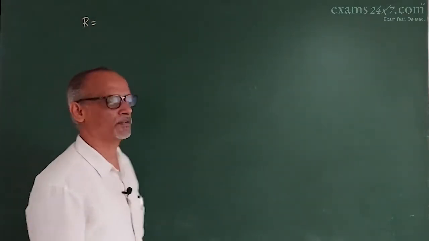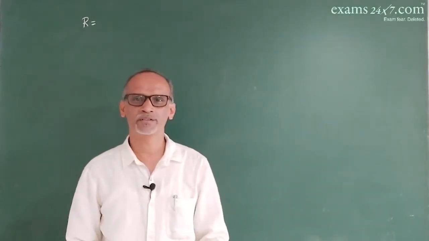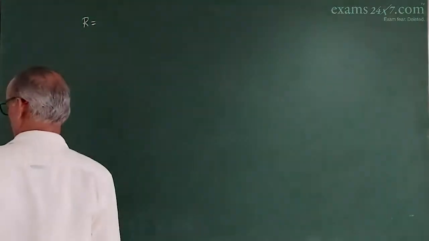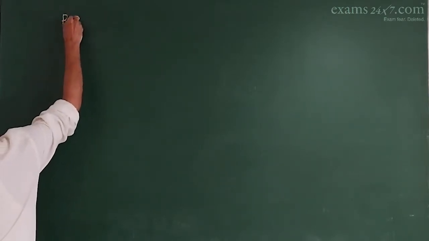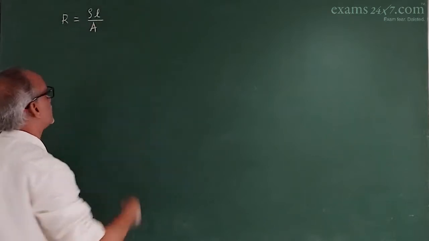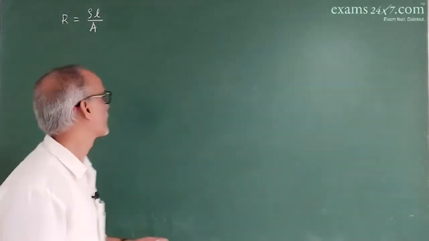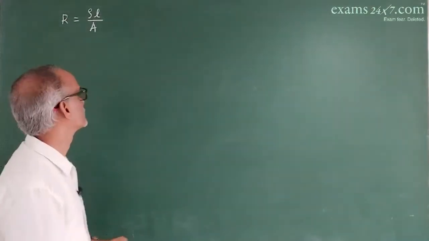So the resistance of a material or a wire depends on its dimension at constant temperature, and that resistance is given by R is equal to rho L by A, where rho is the resistivity of the material measured in ohm meter, L is the length of the material, and A is the area of cross section.